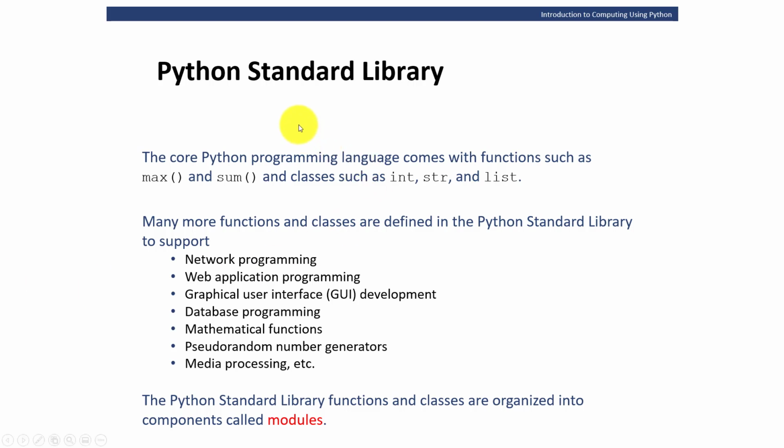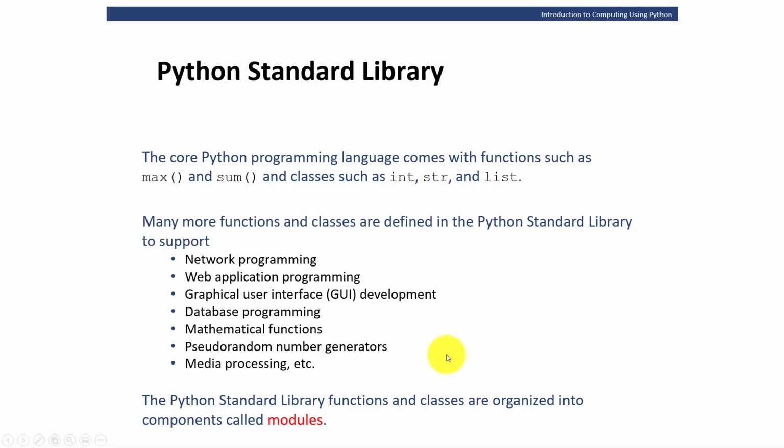So in addition to those built-in core functions and classes, Python has many more functions and classes defined by the Python standard library. The library is a collection of code written and compiled by some developer or someone else that is ready for you to use in your program.